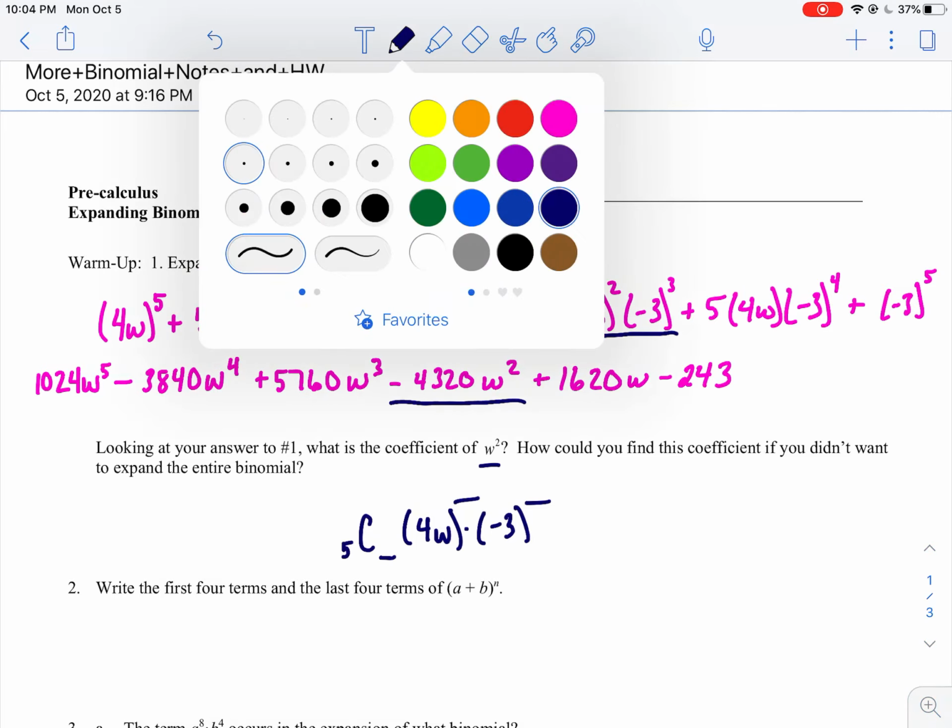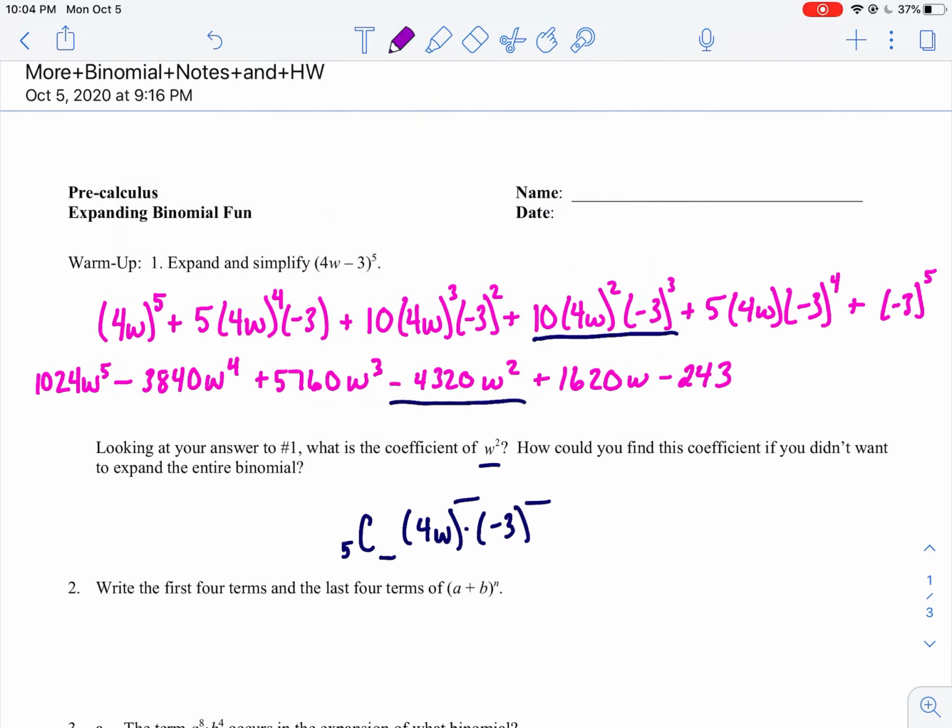And in this case, since we know we're looking for the w squared term, we know then that the 4w must have been squared, right? Because that's how the w would get squared. So once we know that, that actually helps us complete the puzzle. So if we come back up here and look at this particular term, notice that if 4w is squared, then that means that the negative 3 had to go to the third.